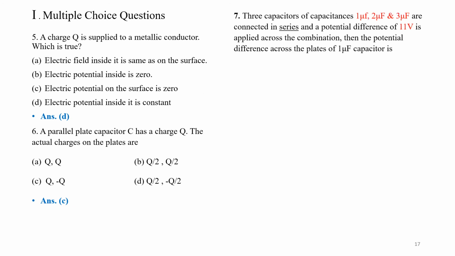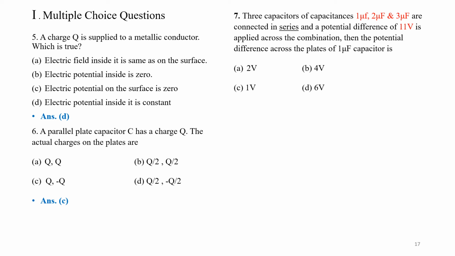Question number 7. 3 capacitors, 1 microfarad, 2 microfarad and 3 microfarad, are connected in series. A potential difference of 11 volts is applied across the combination. Then the potential difference across the plates of the 1 microfarad capacitor is, what is the value we have to find.